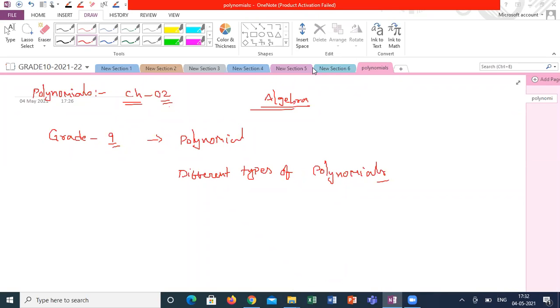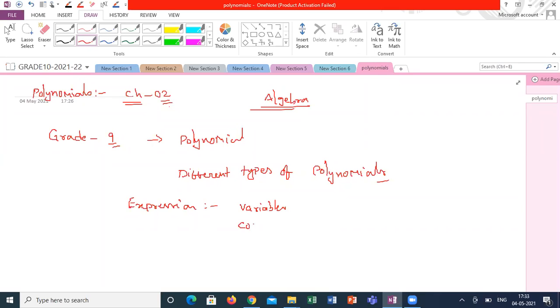Polynomials are algebraic expressions. They are expressions which contain degrees. When can you call an expression an algebraic expression? When they have variables, a combination of degrees and coefficients.